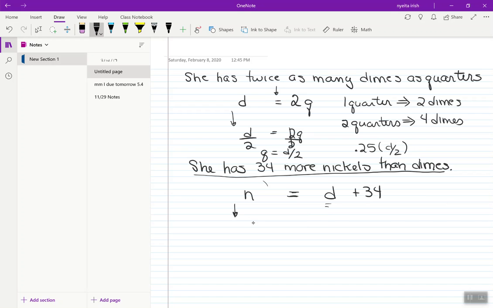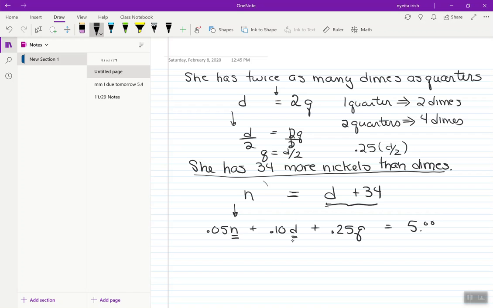All right. So then again, in your equation, we said you attach the money values to it: 0.05 N plus 0.10 D plus 0.25 Q, and your total I think was $5. You substitute out N for D plus 34.